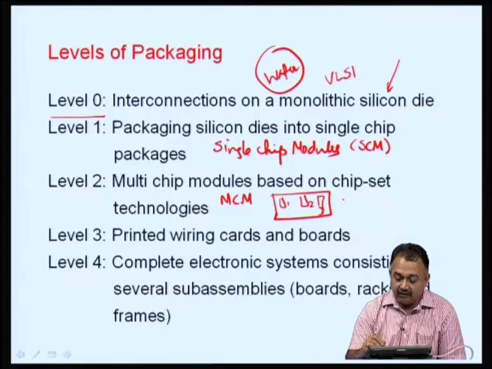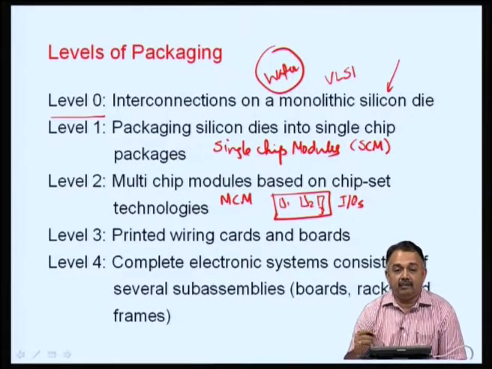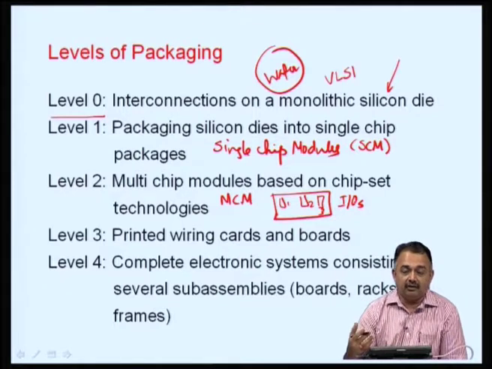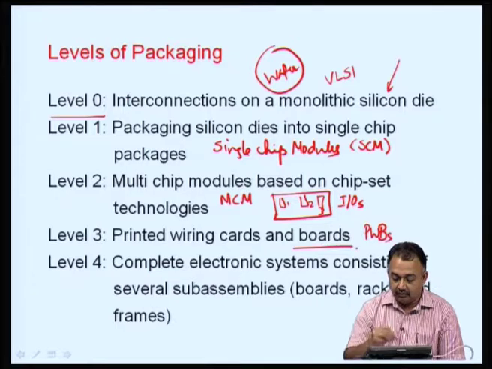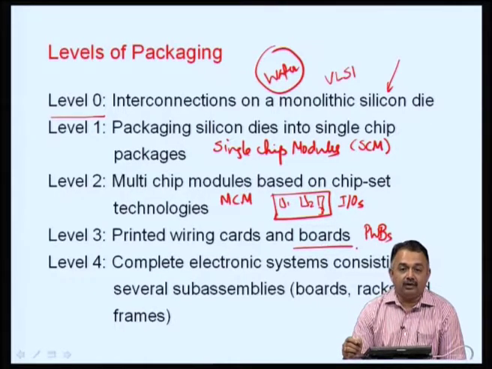This will have its own set of IOs, input output pins, and they can be mounted as a single chip module onto a substrate, organic or inorganic. Then we have printed wiring cards or printed wiring boards, and then the level 4 is called the complete system.